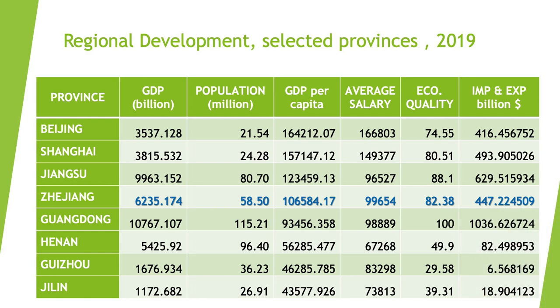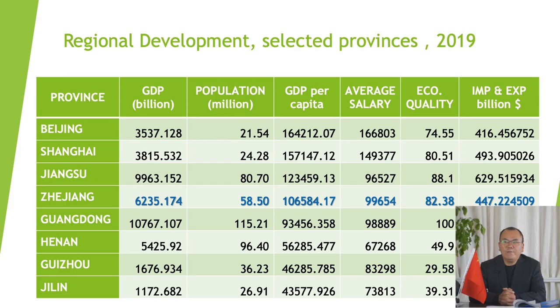It's almost 10 times Jilin province. For GDP per capita, the highest is Beijing. Average salary is also highest in Beijing. And for import and export, it's Guangdong again. So you can find in this statistical data, different provinces have great differences.